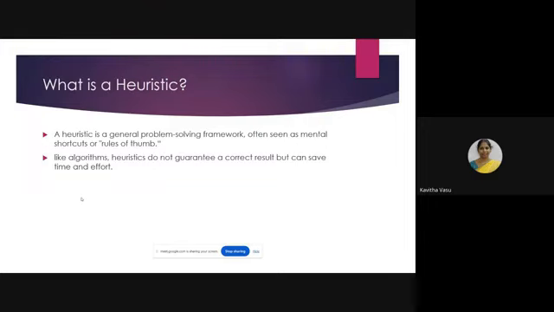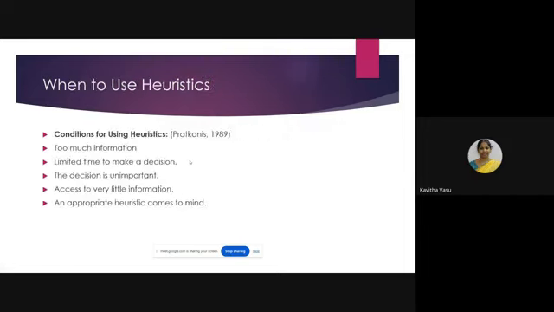Already I told you it is slightly different from the trial and error method. In trial and error, we don't know whether we will get the solution or not. Here also we don't know, but with some guessing or experience, we apply the heuristic method. Compared with trial and error, this is the best method we can apply.